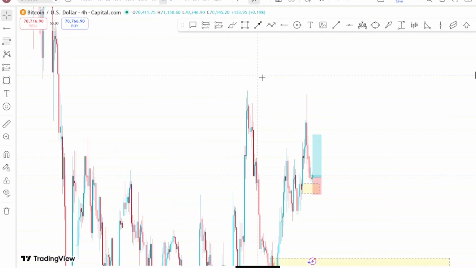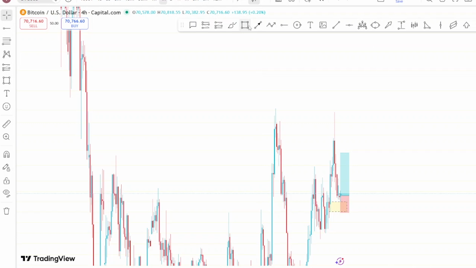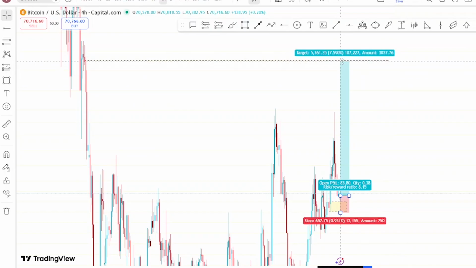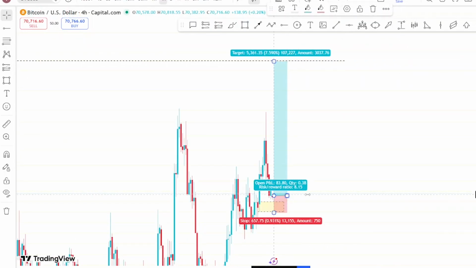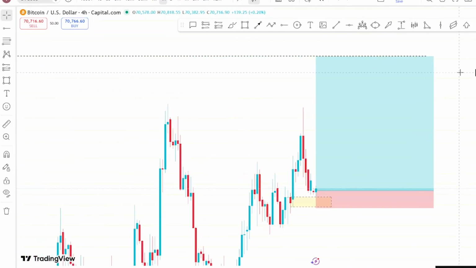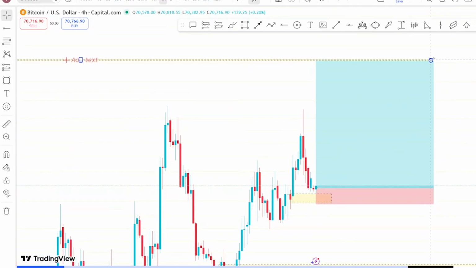So where can we set our target? It is going to be around these areas, but don't forget to secure some profit. Okay, so that's what we can say from BTC.